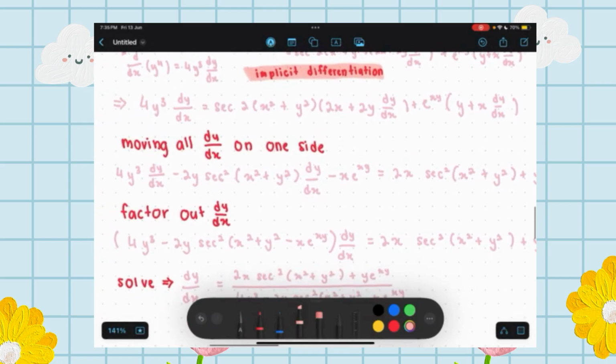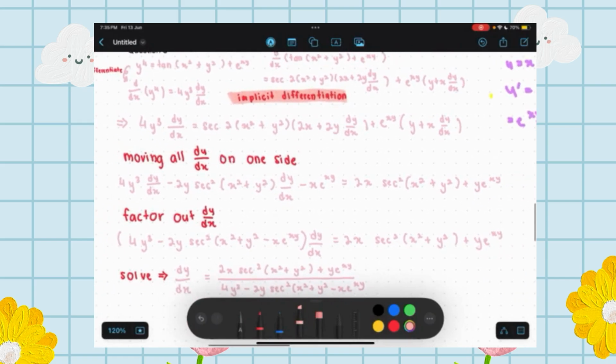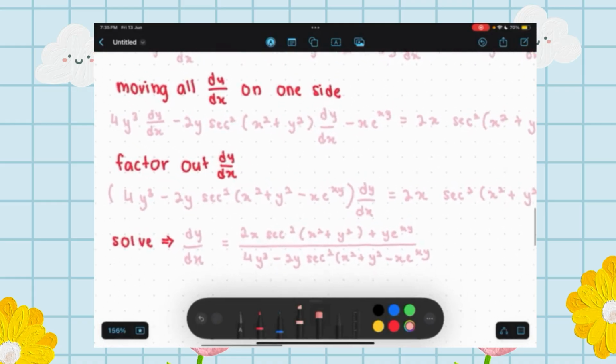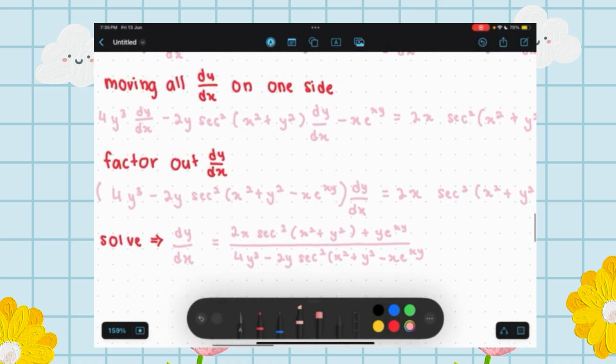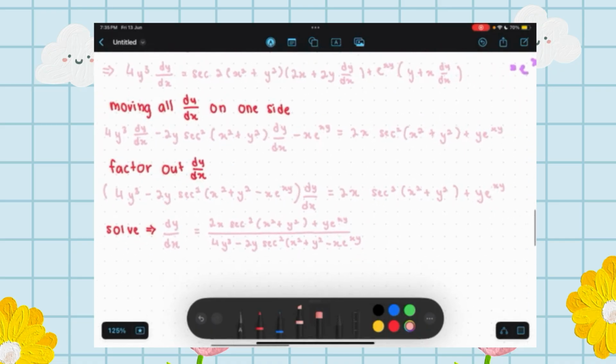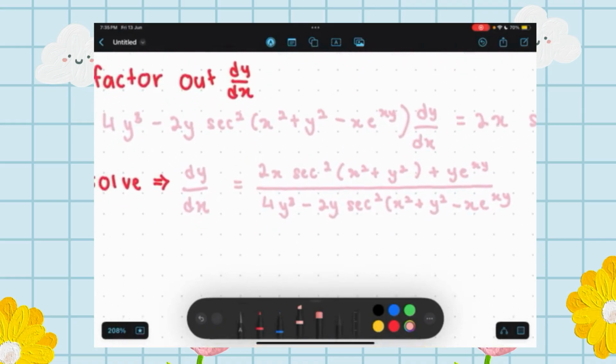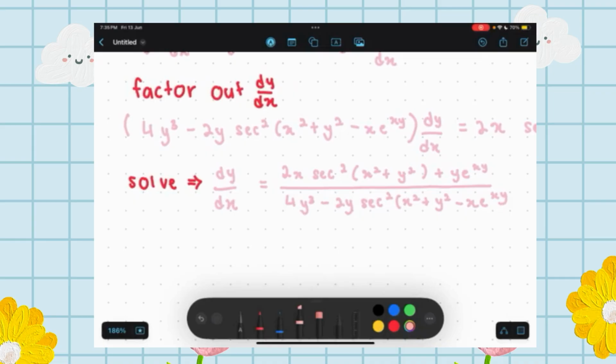So it will be a bit long equation, and then factor out the dy over dx, simplify the equation just like this, and then you will get the answer like this, and it will solve.